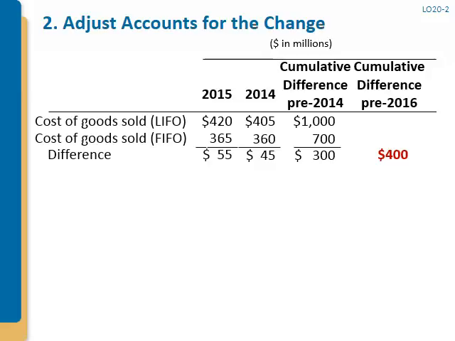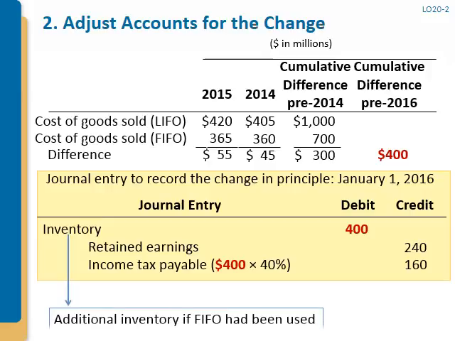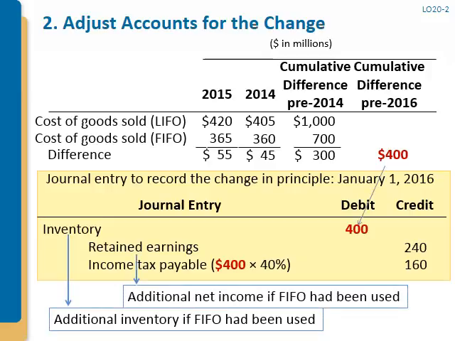As discussed in the previous section, differences in cost of goods sold and income are reflected in retained earnings, as are the income tax effects of changes in income. So, the journal entry updates inventory, retained earnings, and income tax liability for revisions resulting from the differences in the LIFO and FIFO methods prior to the switch, pre-2016.